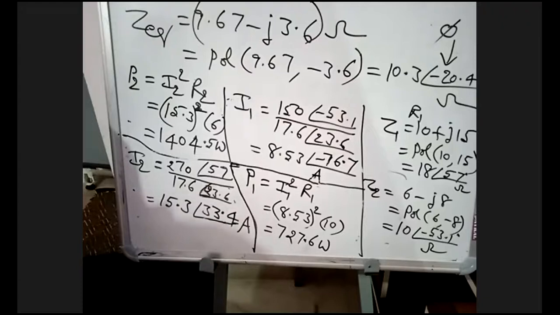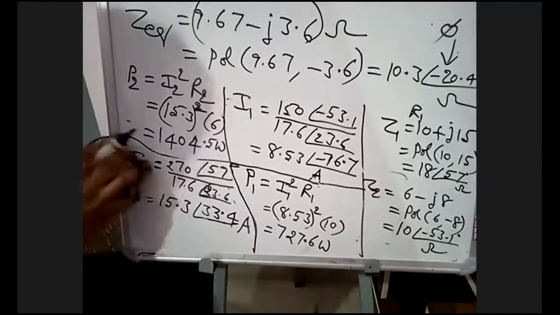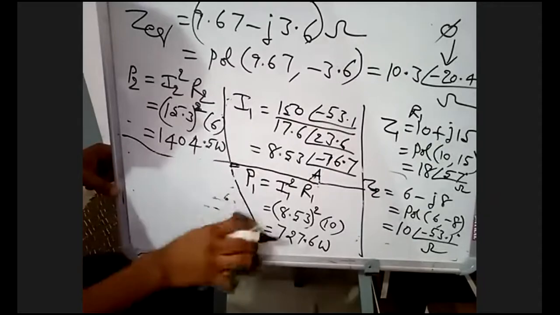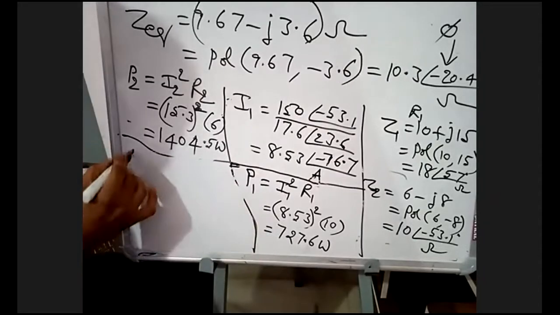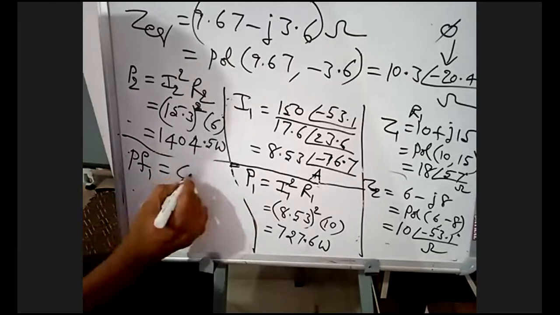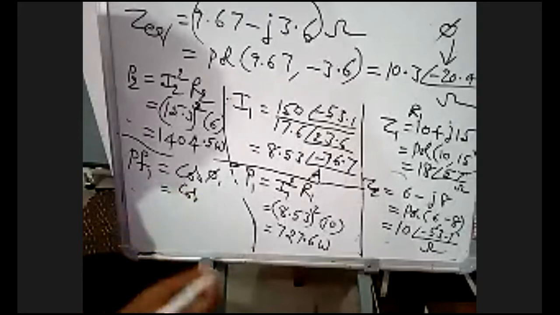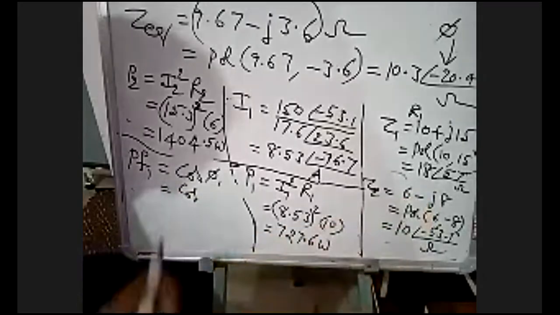Now he is asking for the power factor of the individual circuits. Power factor 1 of the first branch is cos phi 1. What is phi 1? 57.